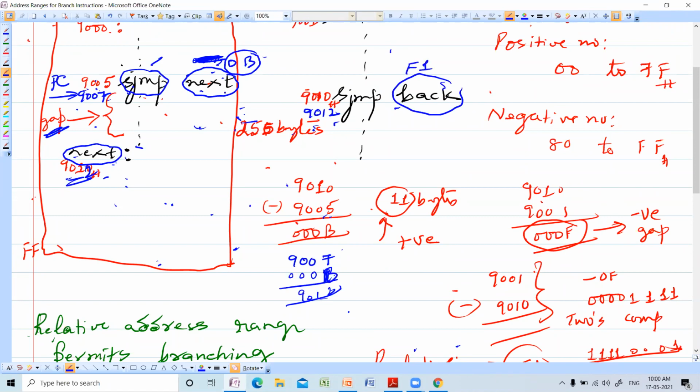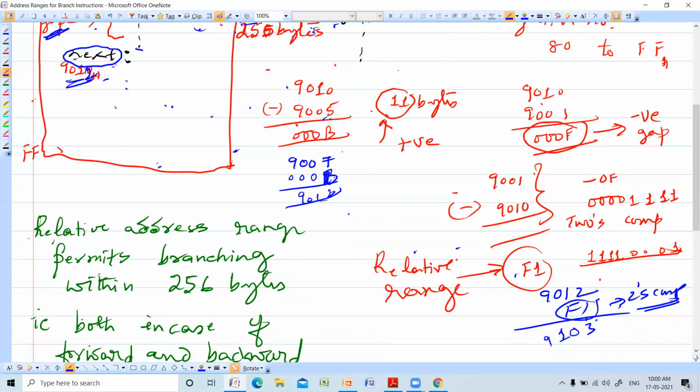It means this particular gap, it will show. So when you see a 2's complement number here, or a negative number, it means that you have to subtract F1 from 9012. That is, you have to subtract here.